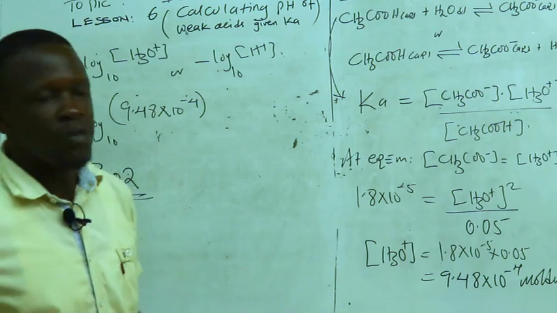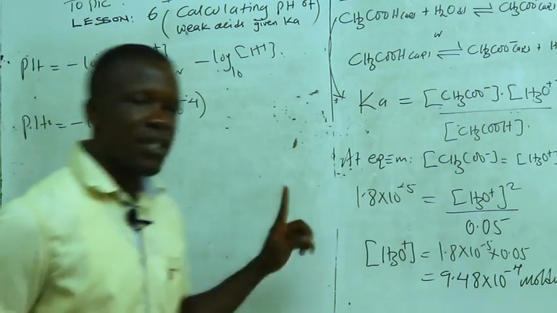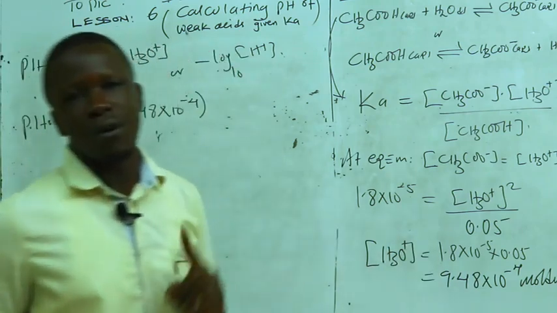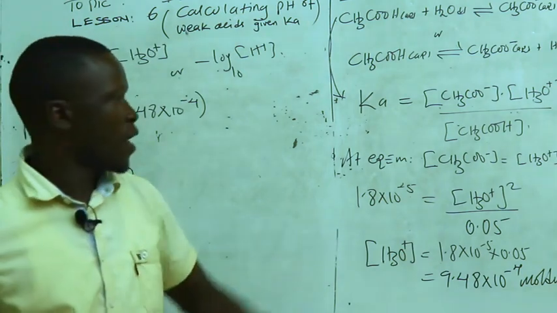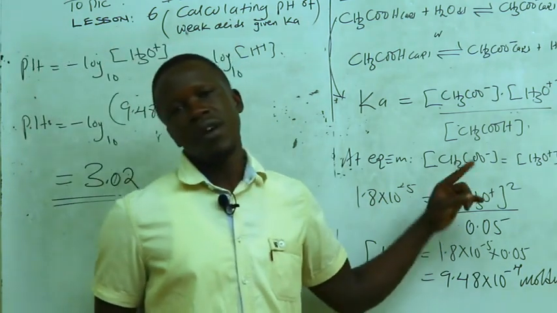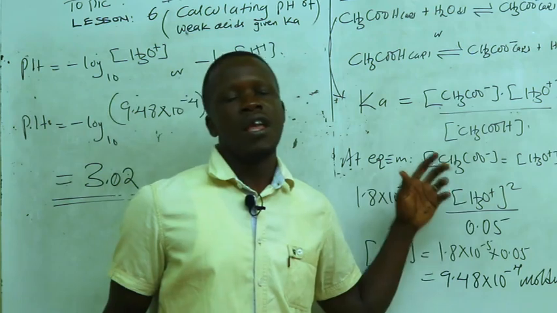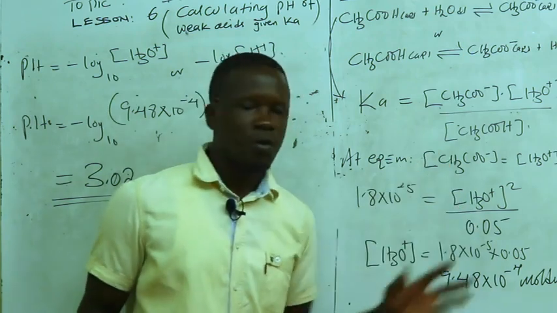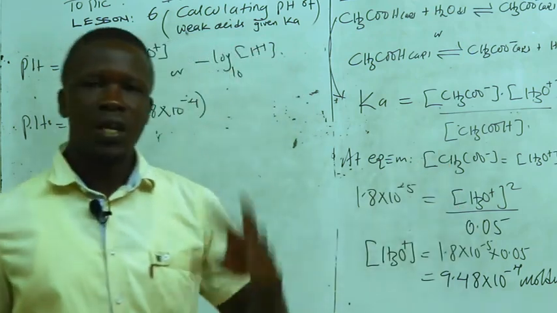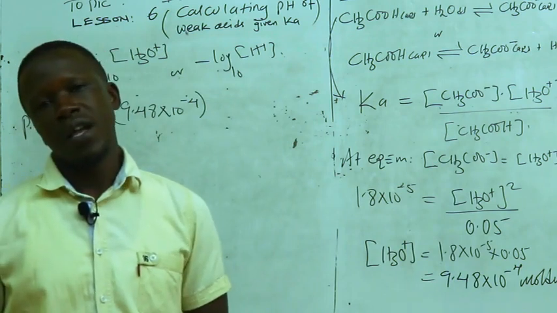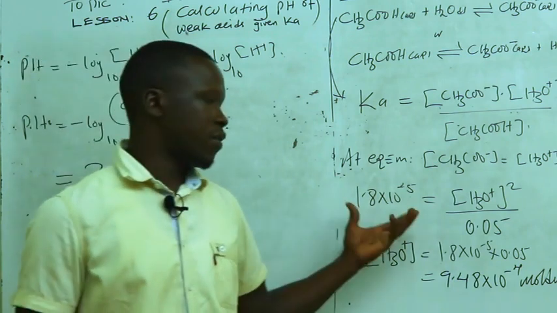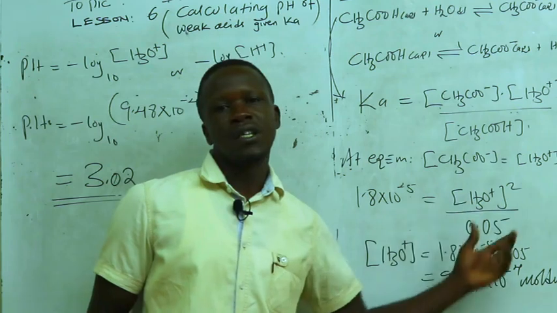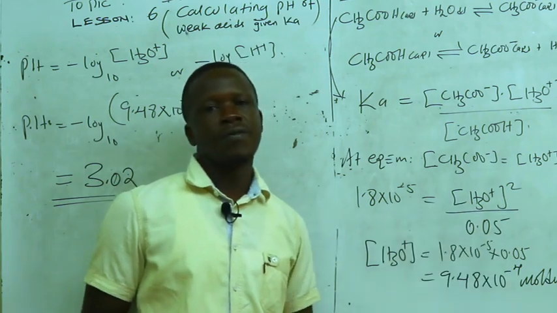Another assumption that we've taken is that at equilibrium, the concentration of the ethanoate ions is equal to the concentration of the hydroxonium ions, and that is very helpful in getting the concentration of hydrogen ions.